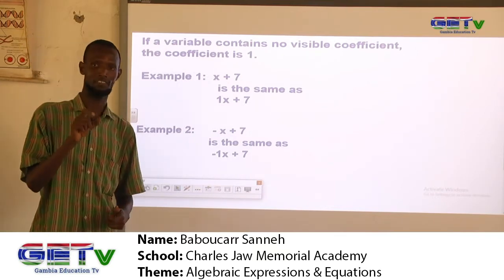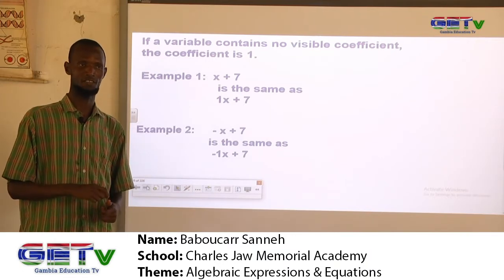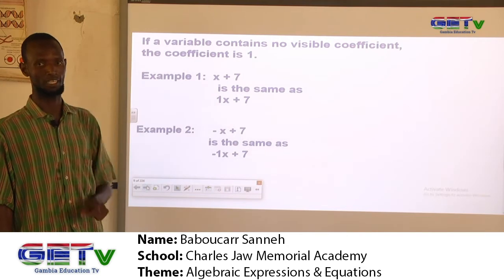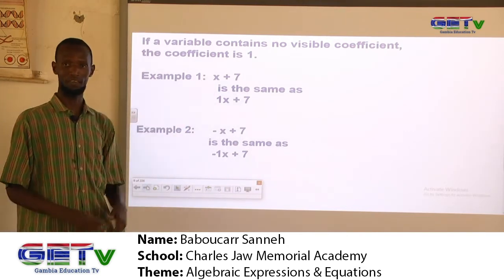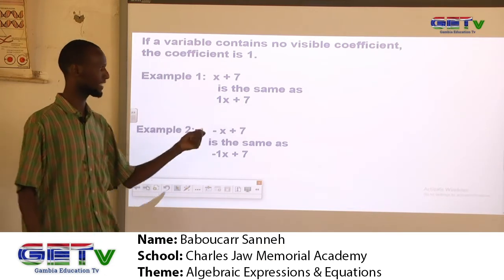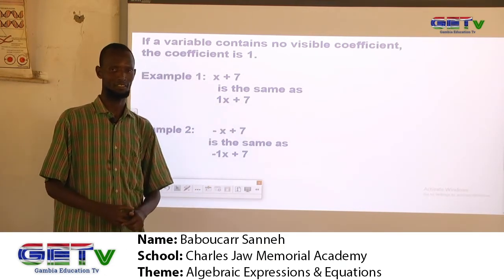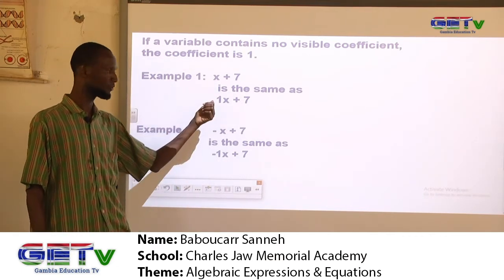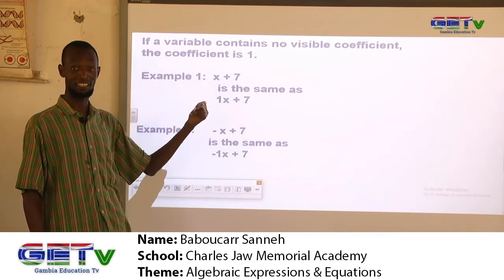So if you can't see any coefficient in front of the variable, we know that 1 is actually there. For example, x plus 7 is exactly the same as 1x plus 7. So although the 1 was not visible here, we know it is there. So the coefficient of x in this case is 1.